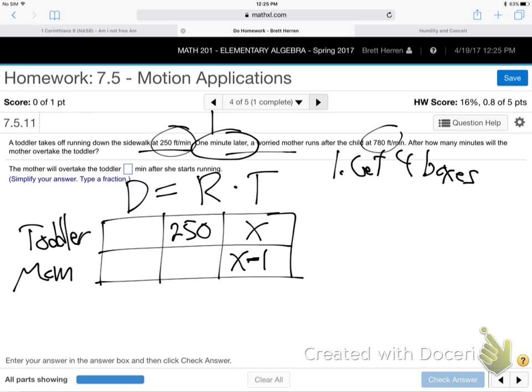And then the 780, that's the rate for the mom, right? She's faster.